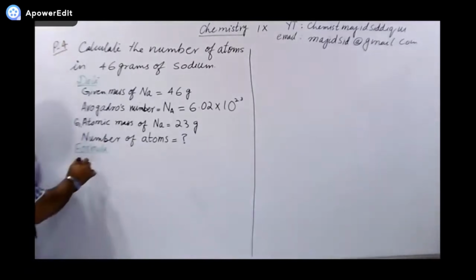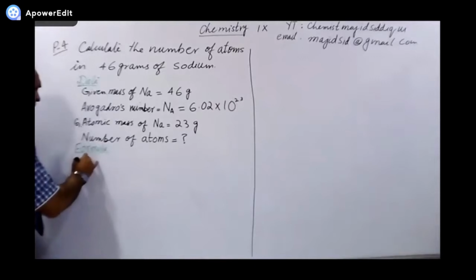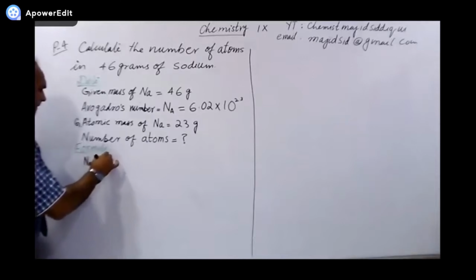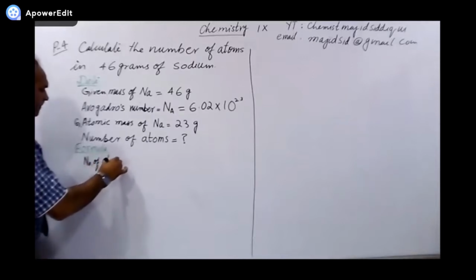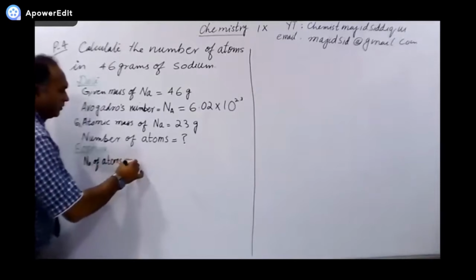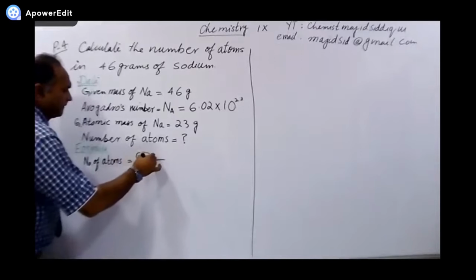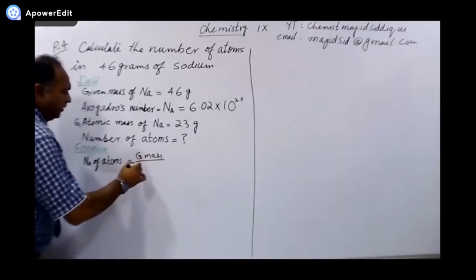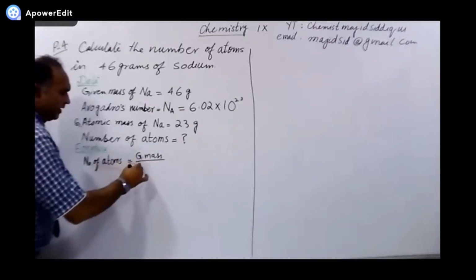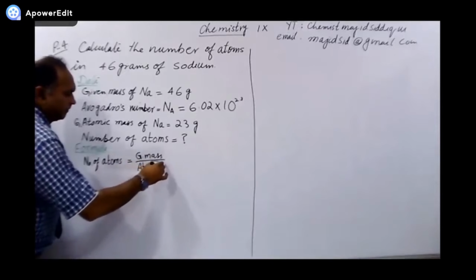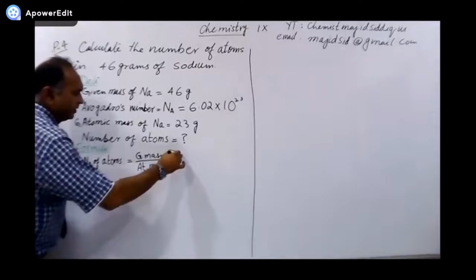Formula: number of atoms is equal to given mass upon atomic mass, times Avogadro number.